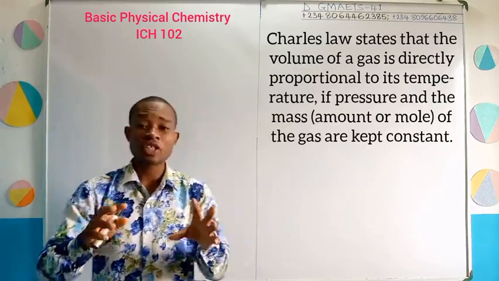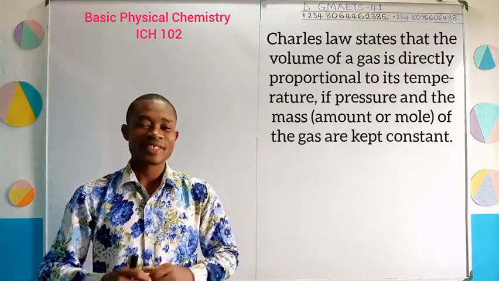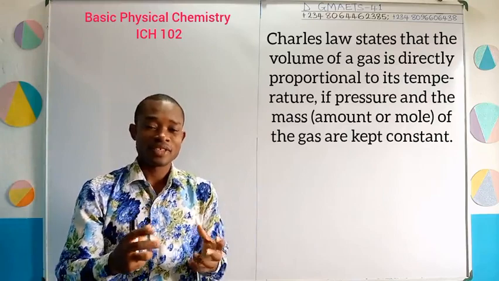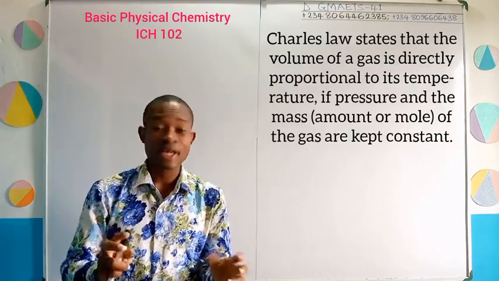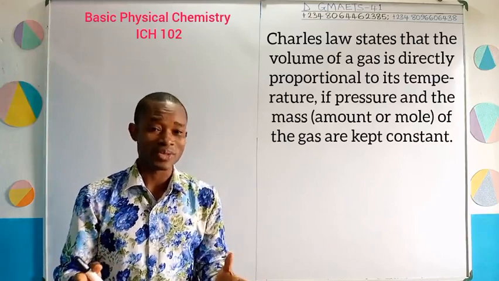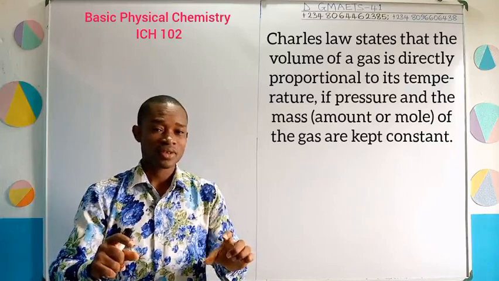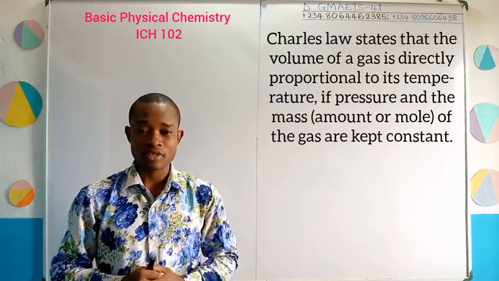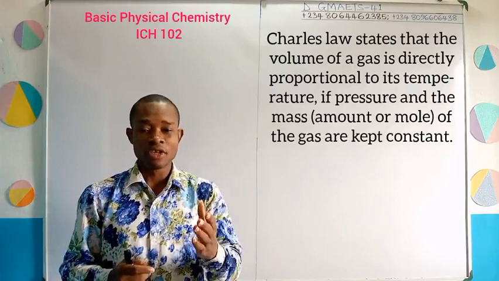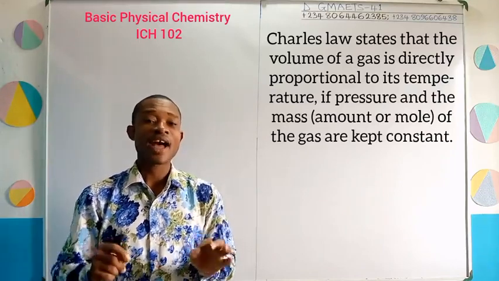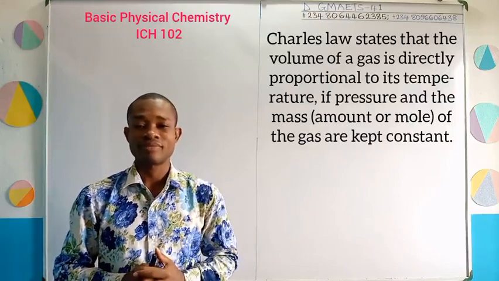So to achieve Charles' law, it is required that in the experiment, the amount of the gas we use, which in this case is quoted as mass and can also be converted to moles, and the pressure of the gas are expected to be constant. When this is the case, the volume of the ideal gas will have a direct relationship with its temperature.